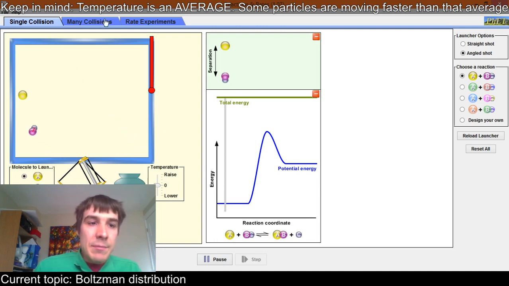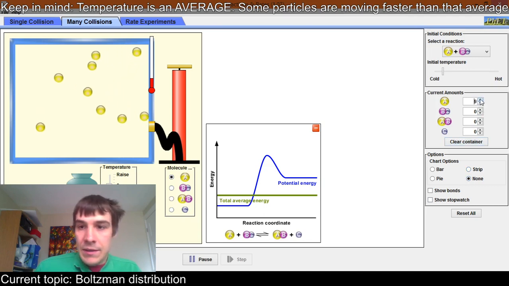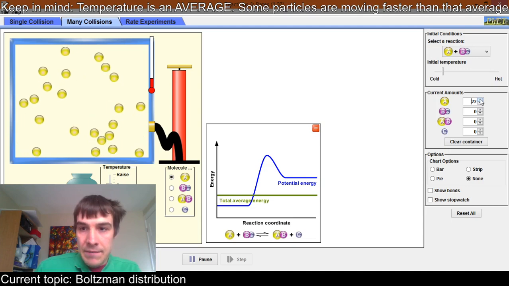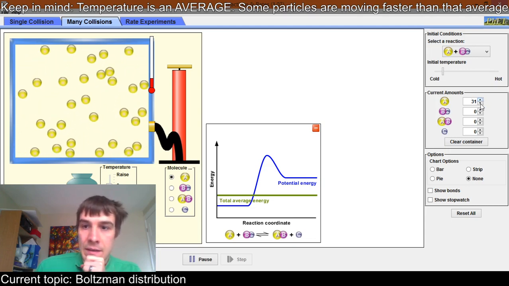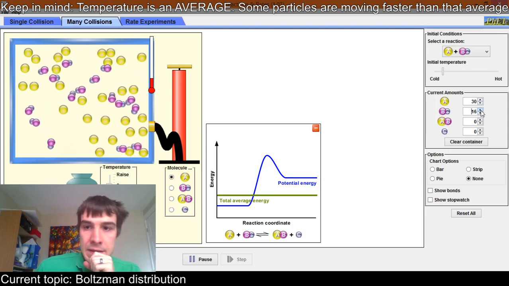And then there's also this many collisions thing here, right? Many collisions. I'm going to add a bunch of these, right? If I had a bunch of these, 30 of them, and add a bunch of these.